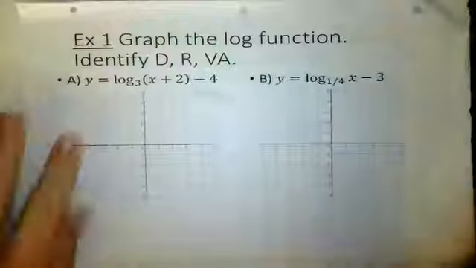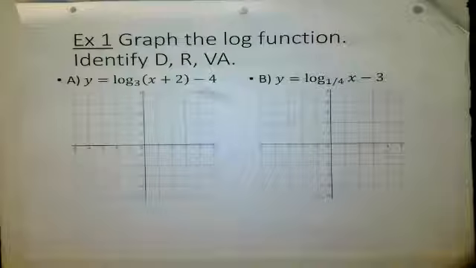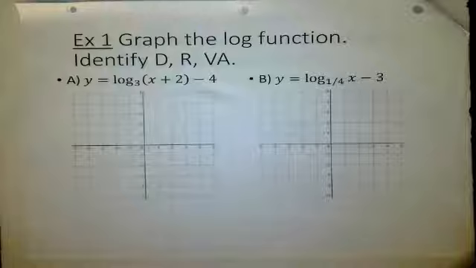So example 1. Graph the log function, identify the domain, range, and vertical asymptote. So just like the exponential function, we're going to graph a really simple base graph and then shift it h and k units.